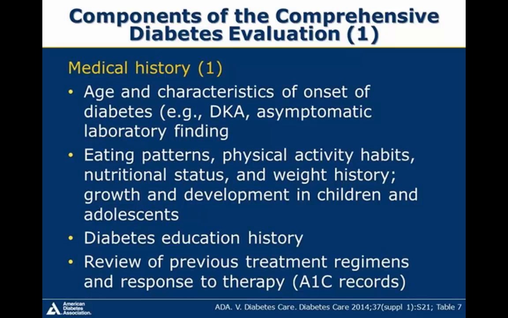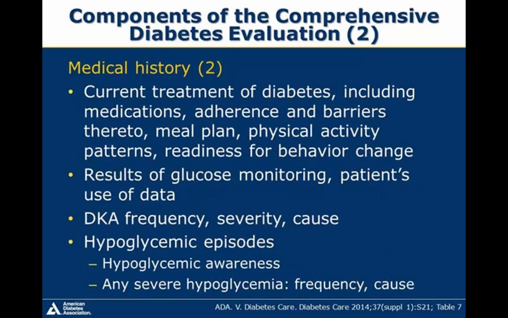Physical habits, if they are in metabolic syndrome or not. I apologize. The education history, and prior treatments and response to therapy. Any current treatments that they're on right now, any barriers for education and understanding? Have you had any DKA in the past? Any glucose monitoring? Any diary that you have brought to me today?